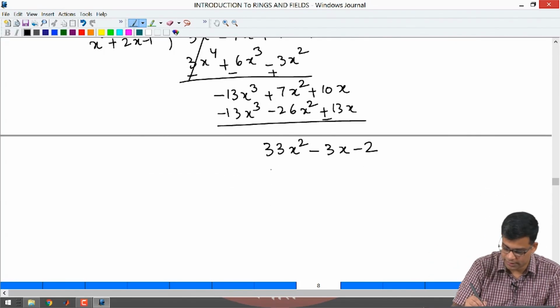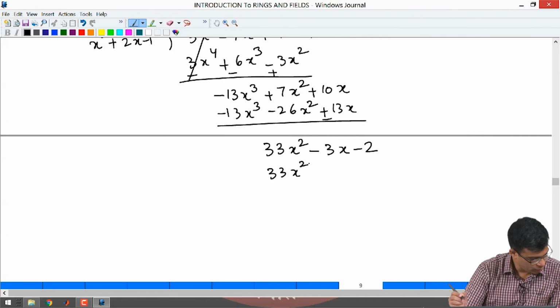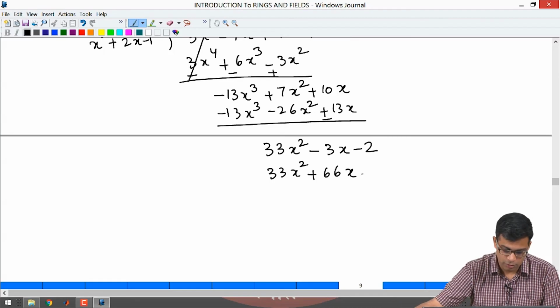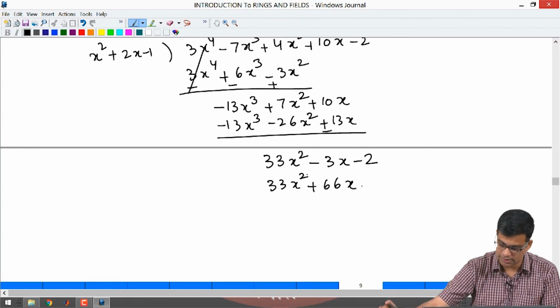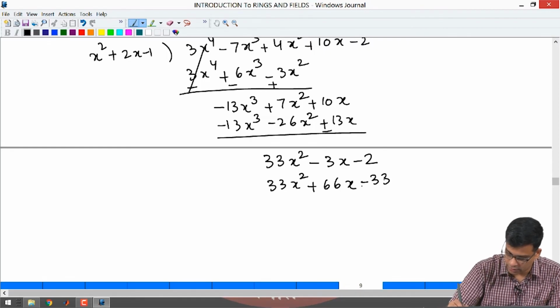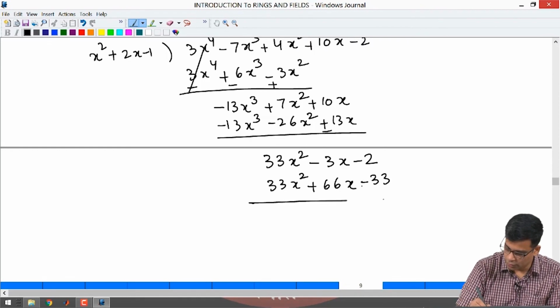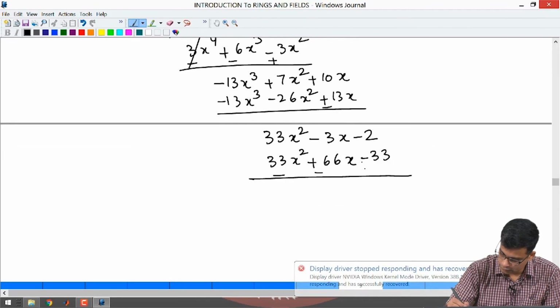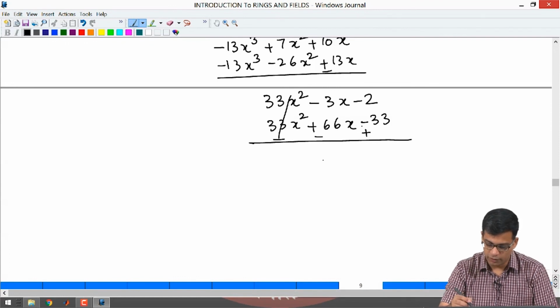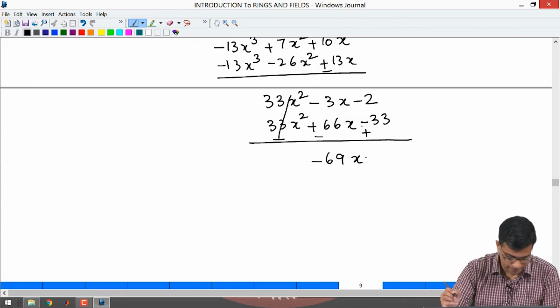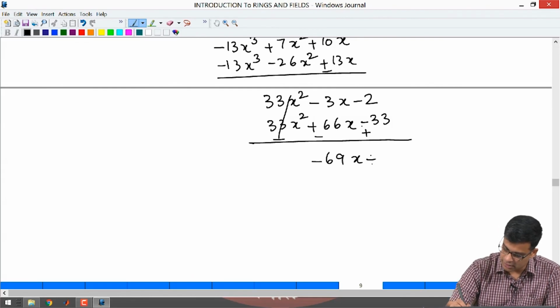So, you get 33x squared plus 66x, right, 33 times 2x is 66x, minus 33. Okay. Then you subtract again. So, minus minus is plus. This will cancel. What you have is minus 69x and plus 31.